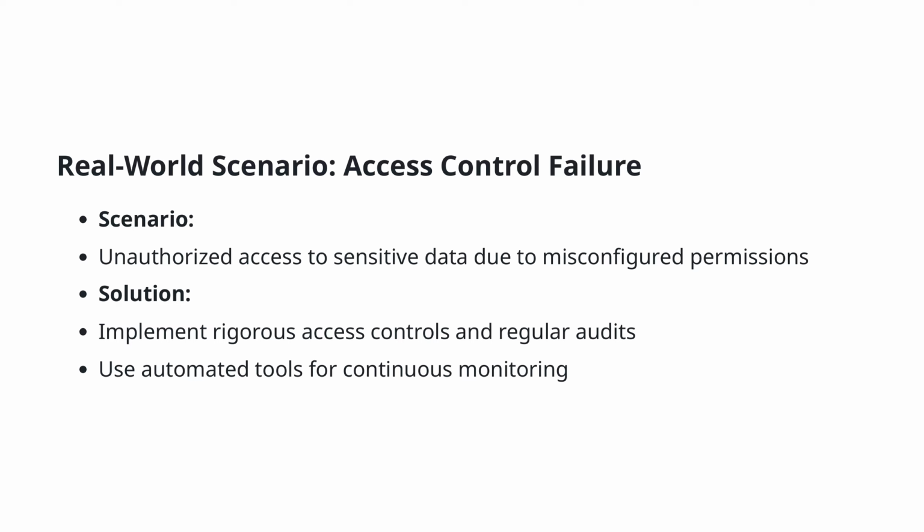Regular audits help to identify and correct any unintended permission settings before they can be exploited. In addition to manual checks, it's essential to employ automated tools for continuous monitoring, ensuring that any issues are detected and resolved promptly. By adhering to these strategies, organizations can prevent unauthorized access and protect their sensitive information from potential breaches.